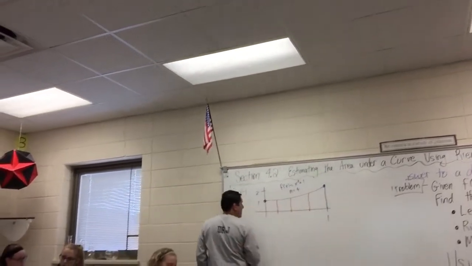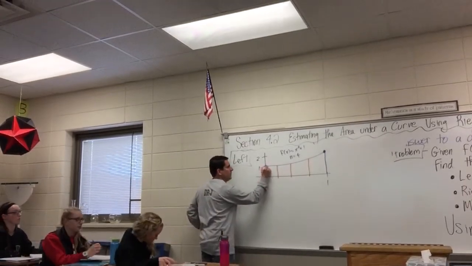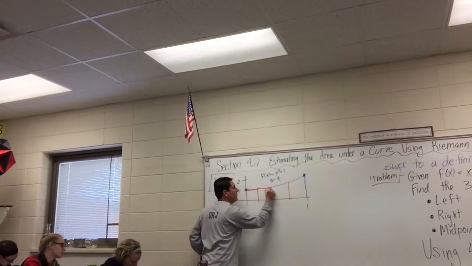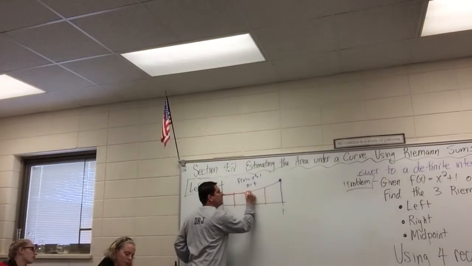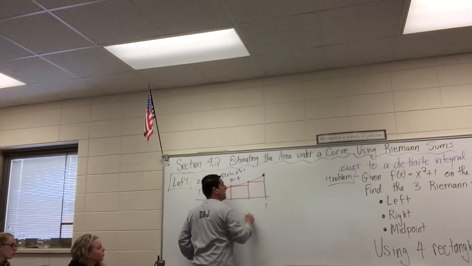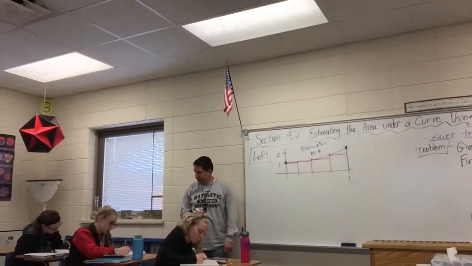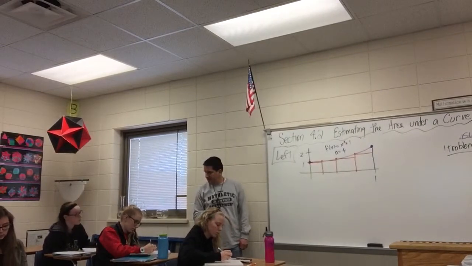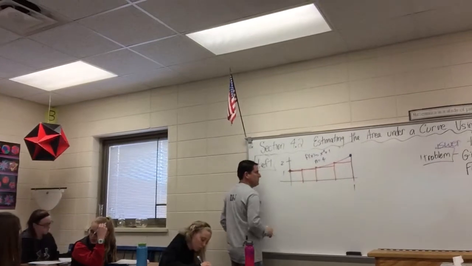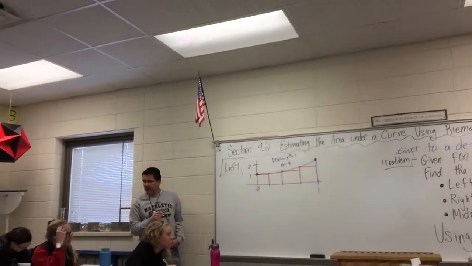Now we need to put the tops on the rectangles. For each one of these, we're using the left side of the rectangle to compute the height of the rectangle. This is the left-hand Riemann sum. All right, so let's go label where these are.